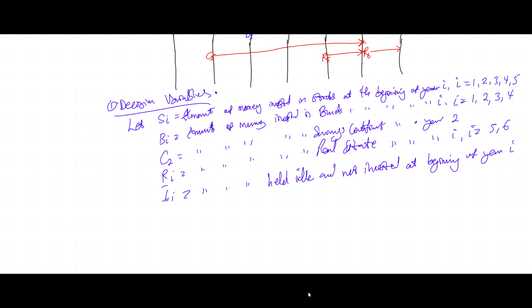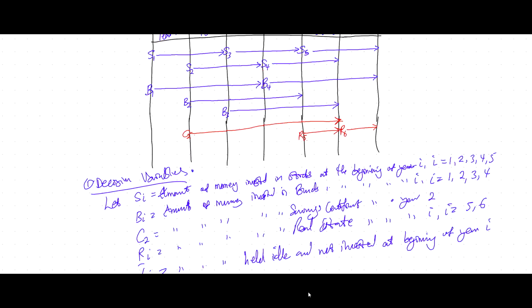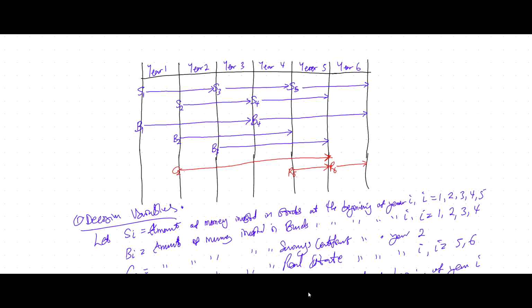All right. So after defining variables, the second thing is what? The objective function. So what is the objective function? At the end of year 6, what money do we have? Let's go back to our pictorial drawing.